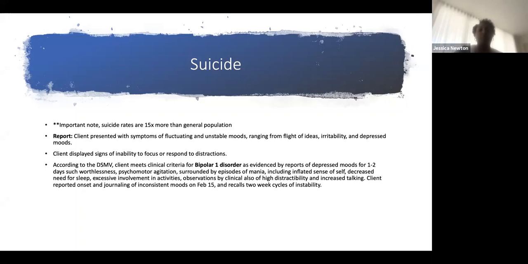Also, when we're looking at bipolar 1 versus bipolar 2, a major difference between those two is that with bipolar 1, we have the mania, hypomania, and then the depressive moods. Bipolar 2 is the absence of the mania. It's almost like instead of going from the ground level to level 1, with bipolar 1, if you would, entertain me for a second, imagine jumping from the bottom floor up to the second floor.